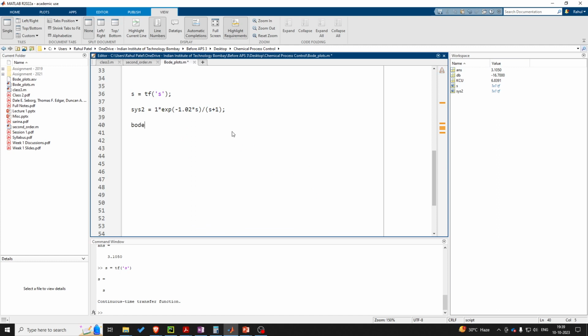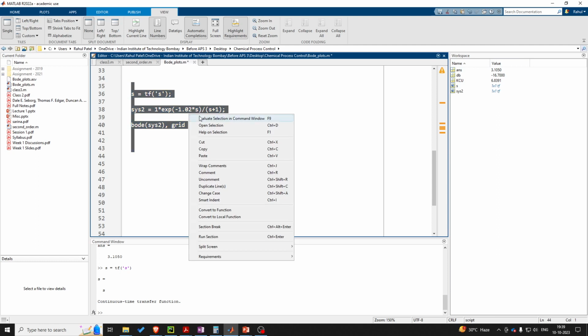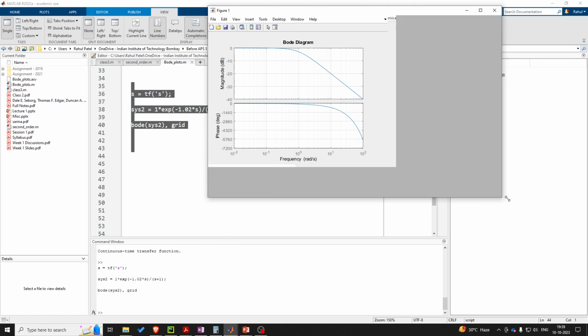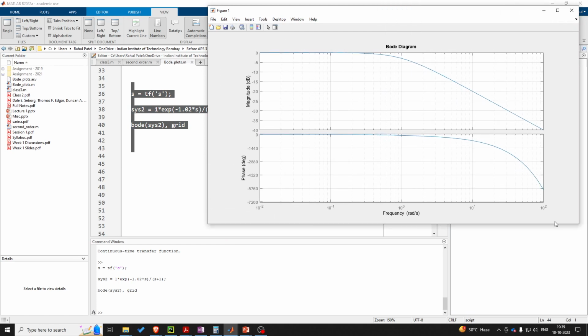So I think the command is simply bode, and in order to plot the grid lines you can just write this. So over here you can see that we have this Bode plot.